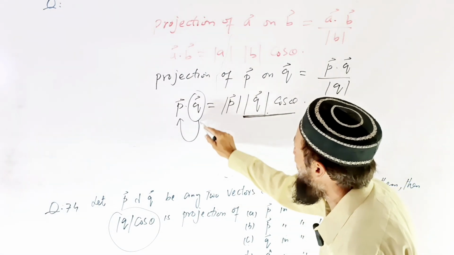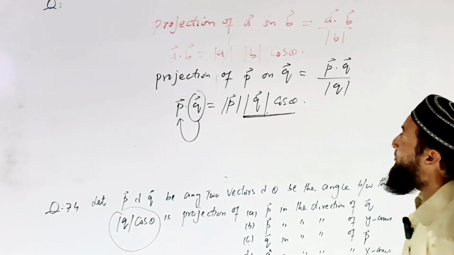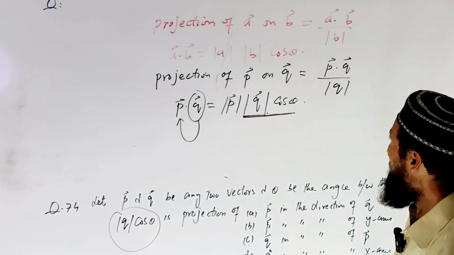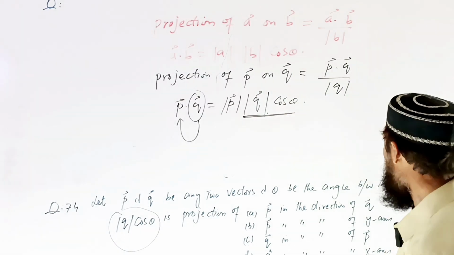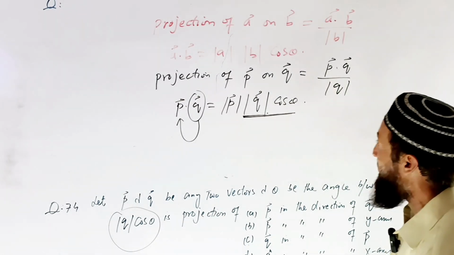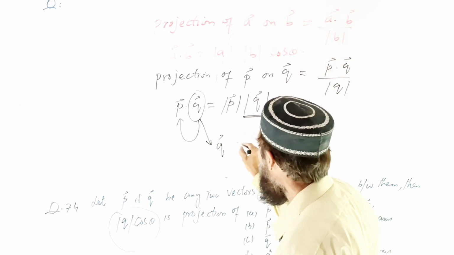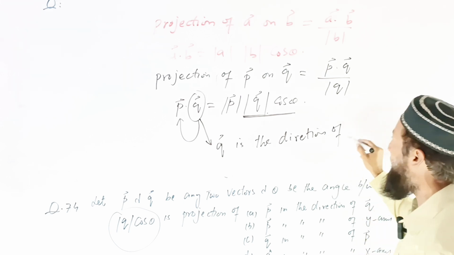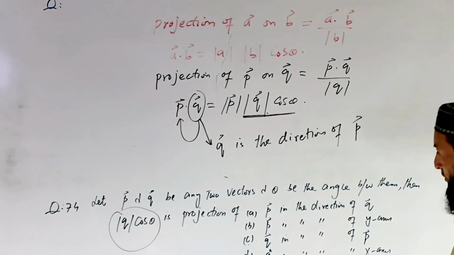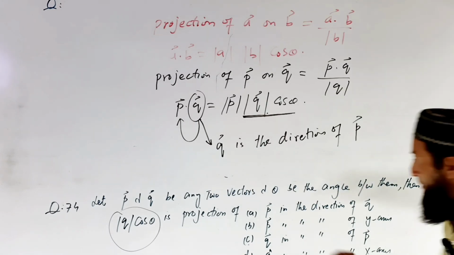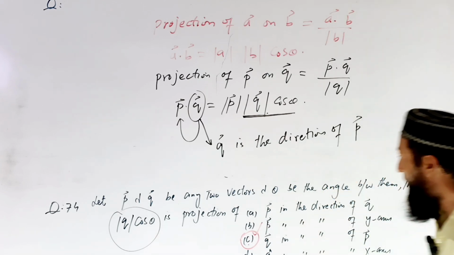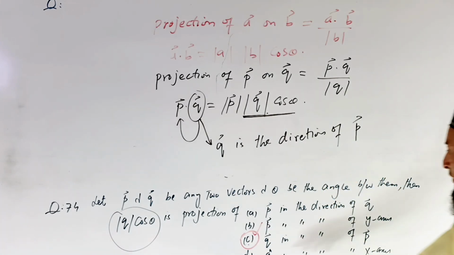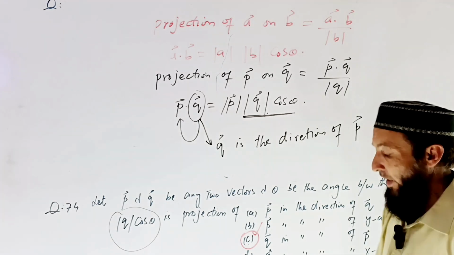So it means that the projection of P on Q is given, so Q is in the direction of P. So we check here in the answer options. C is the correct answer because Q is in the direction of P and Q is in the direction of X axis; that is not applicable here. So C is the correct answer.